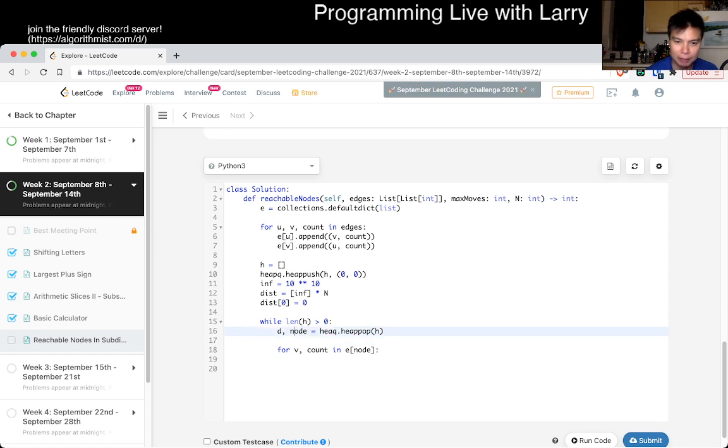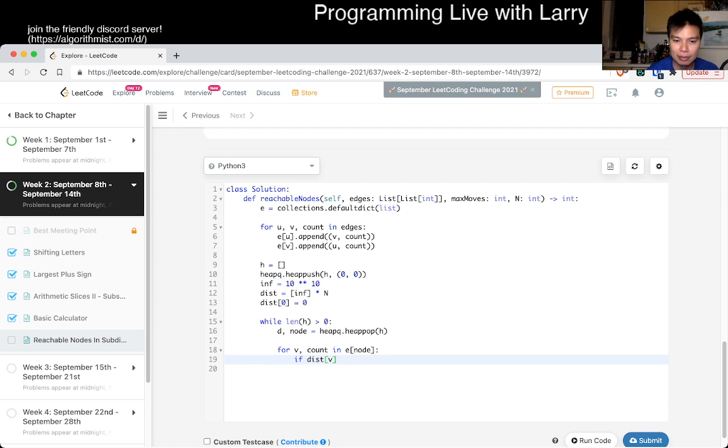also I misspelled heap. If distance of v of count. Oh, sorry, I'm getting distracted. People keep pinging me on my phone. Okay, let's do this.